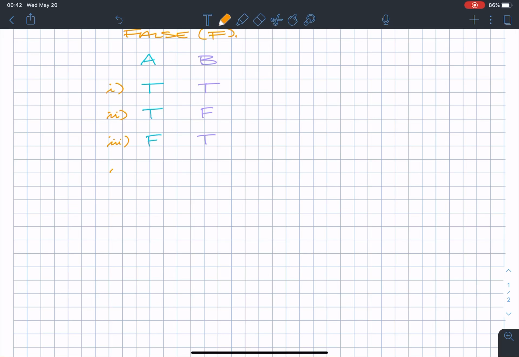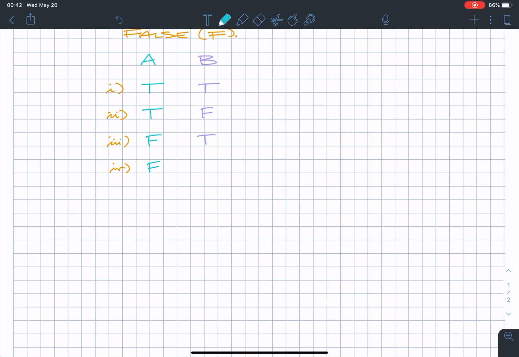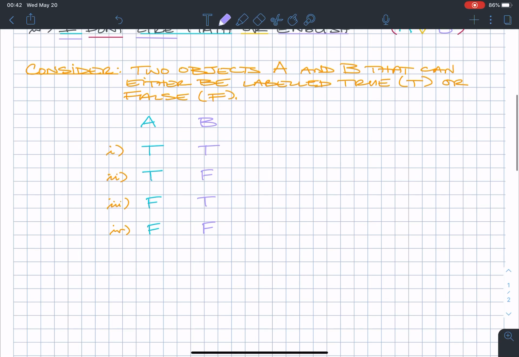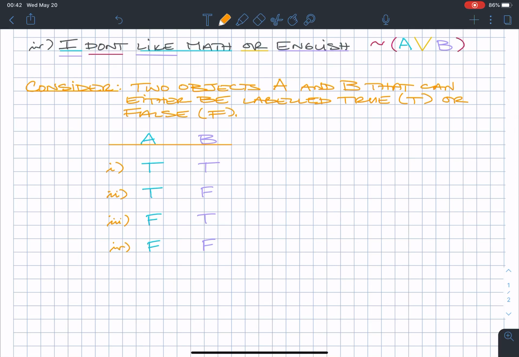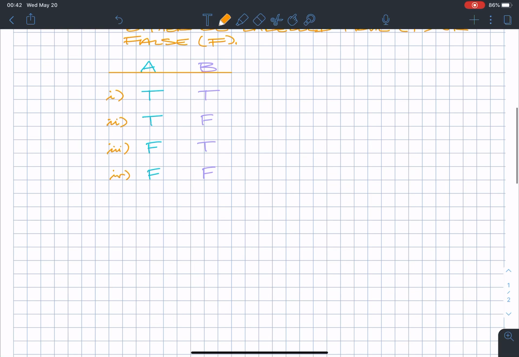And the only remaining scenario would be when A is false and B is also false. So these are the four possible scenarios, given two objects that can either be true or false. These are the only four ways I can have this. Either they're both true, either the first is true and the second is false, either the first is false and the second is true, or either they're both false. Okay, so this is how we're always going to set things up.